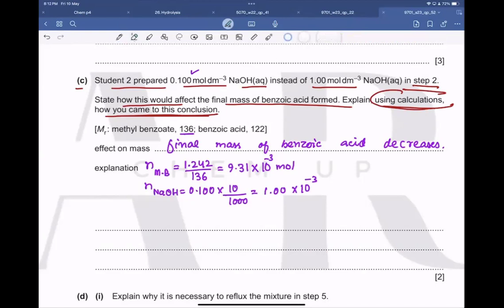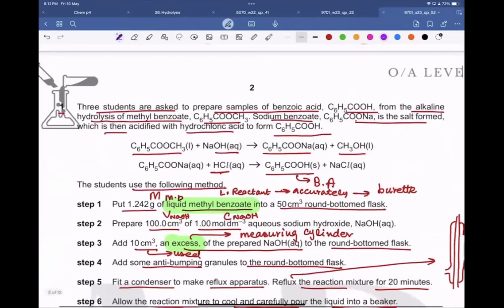Yes, it's 9.13, not 31. Okay. Now, if you look over here, you have the equation. What is the mole ratio between methyl benzoate and sodium hydroxide? It's 1:1.